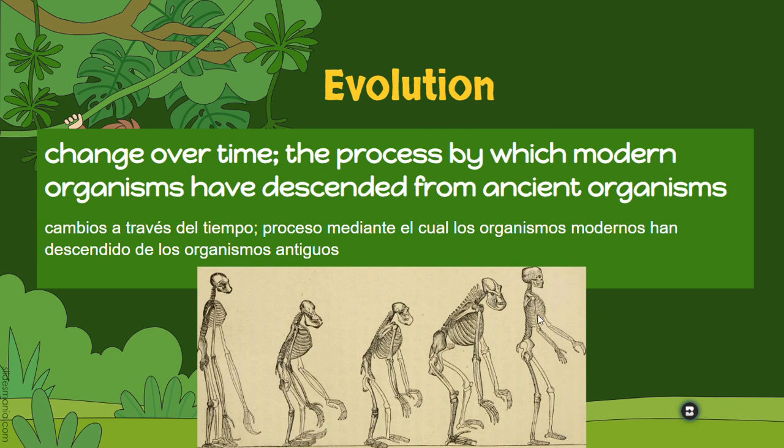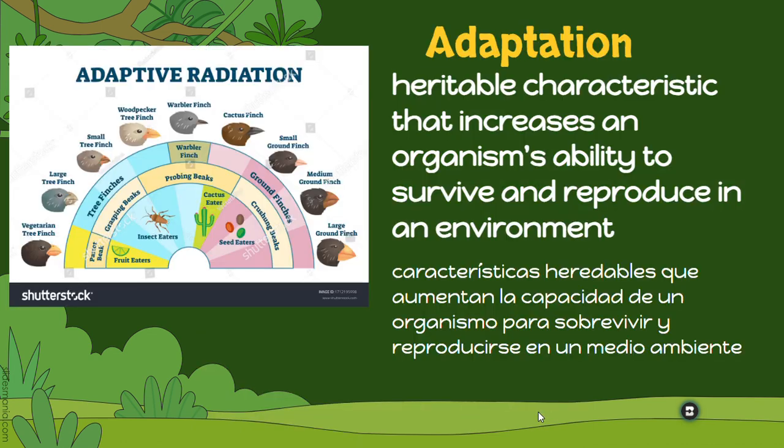So here we have a modern example of a human or Homo sapien, and we can see how it has transitioned over thousands, if not millions of years, from a less evolved organism to a more evolved organism. So you see that the arm length has gotten shorter, and humans have become more erect over time.